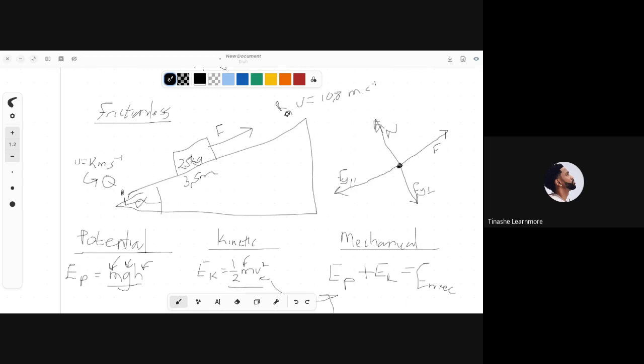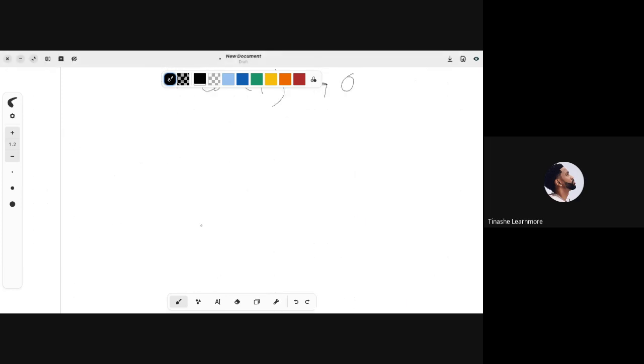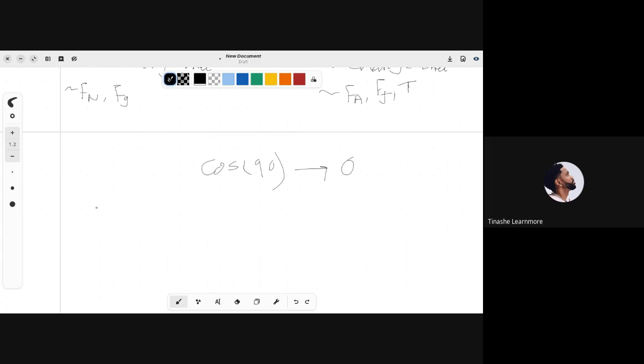There are two equations that we regard as energy principles. You can use either the equation net work done on an object is equal to the change in kinetic energy, EK. This is one of the equations you can use.